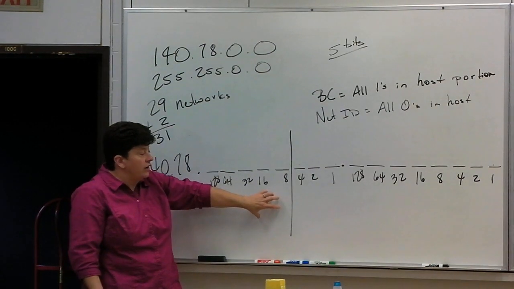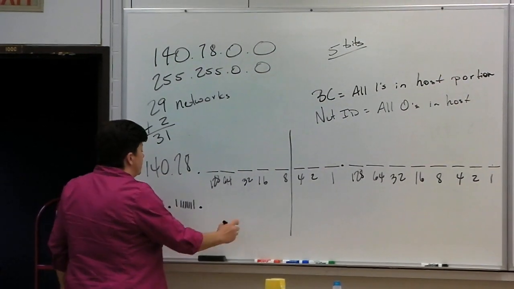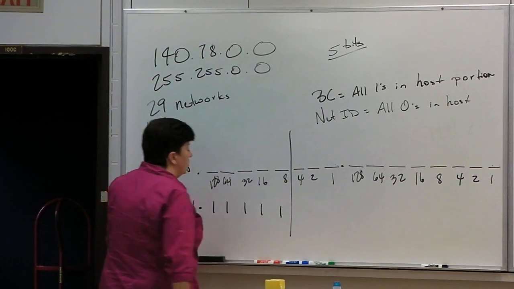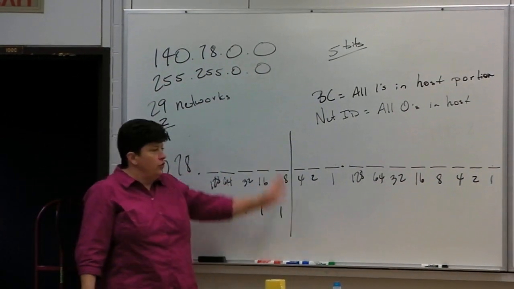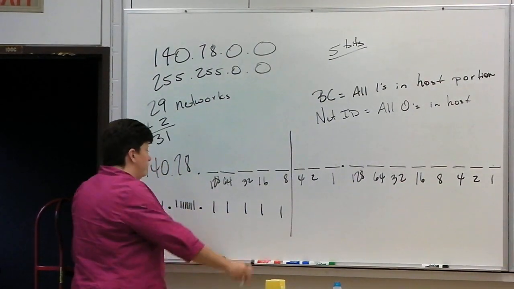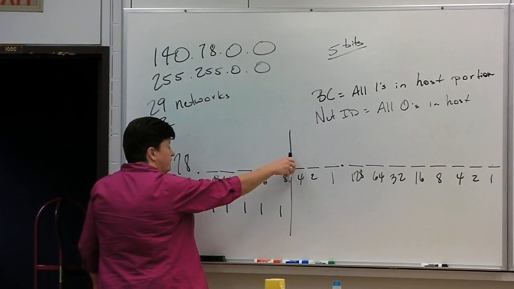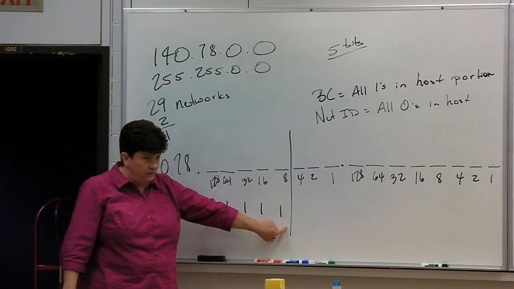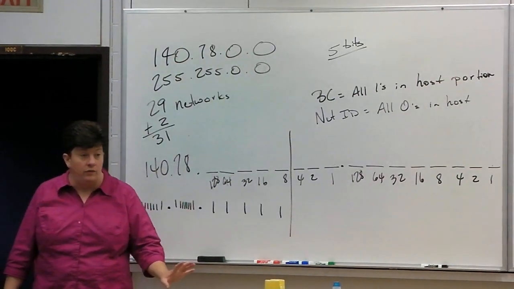But we changed our 3rd octet. But I'm still going to write ones all the way to my new line. Okay? Move the line from here, 5 bits over. All of this is subnet mask. Subnet mask is made up of all ones, right?